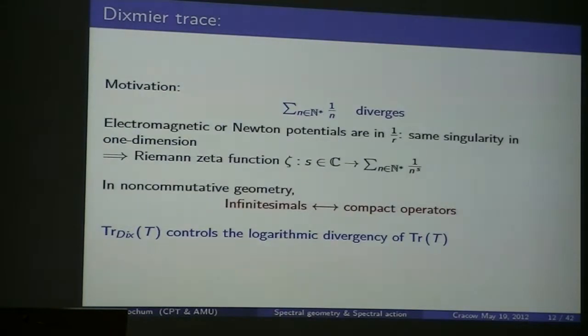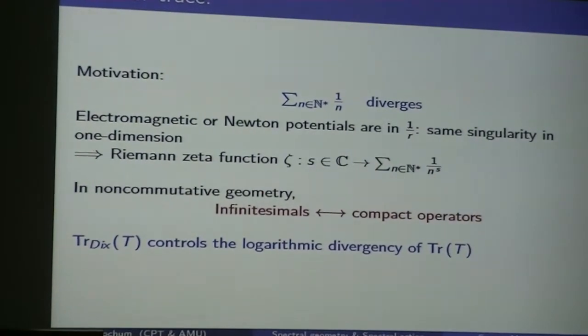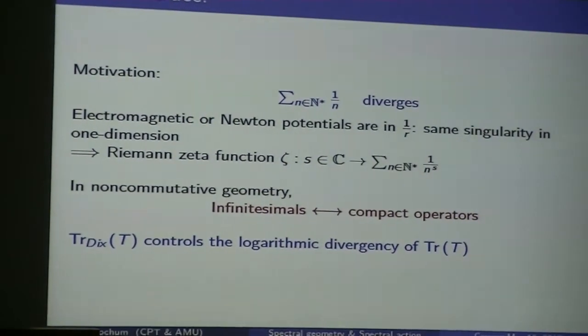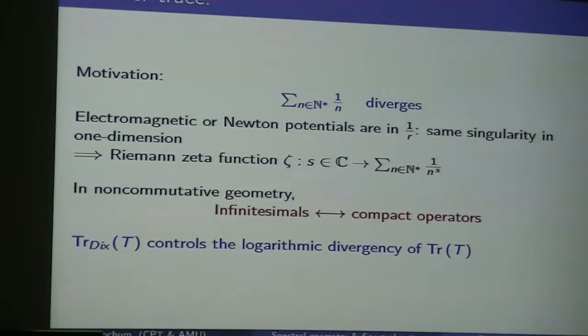And the motivation for that, the use of that, is the following. We all know that the series 1 over n diverges. But this is just, you could say, a technical point, but it's not a technical point, because in physics, both the electromagnetic and Newton potentials are in 1 over r.